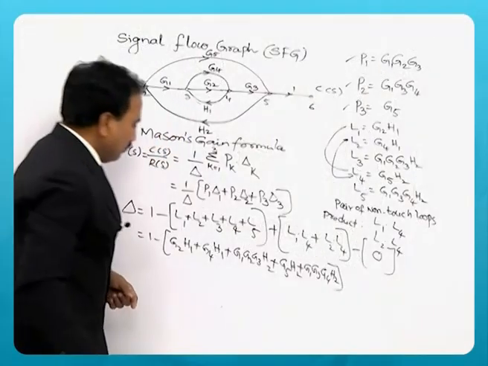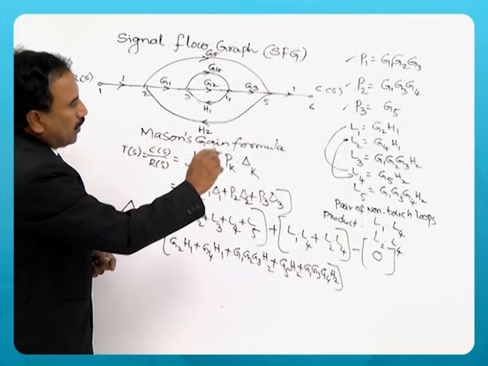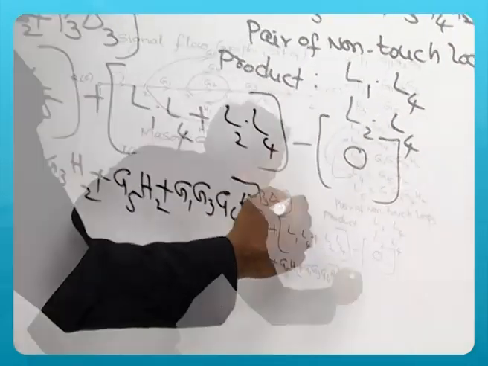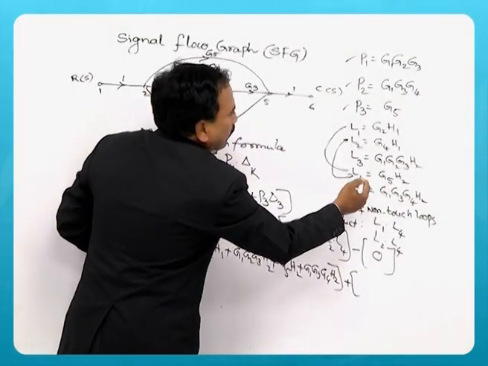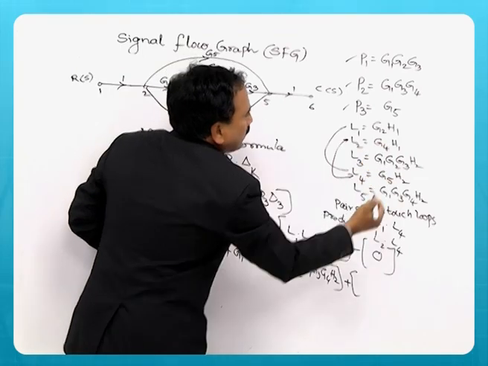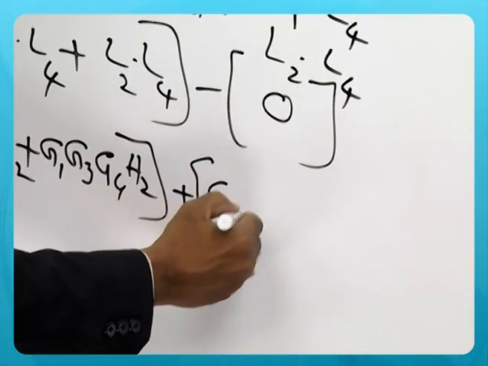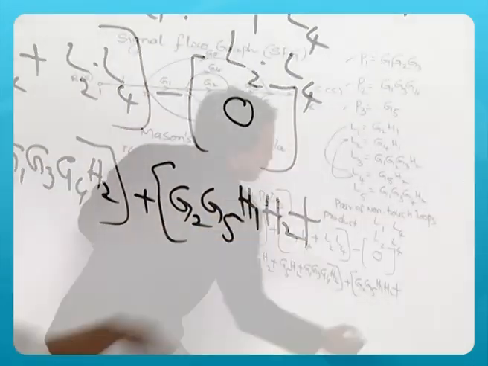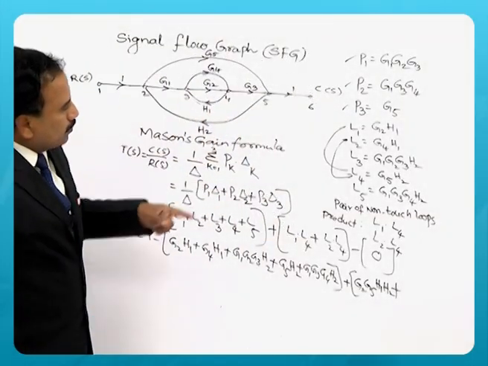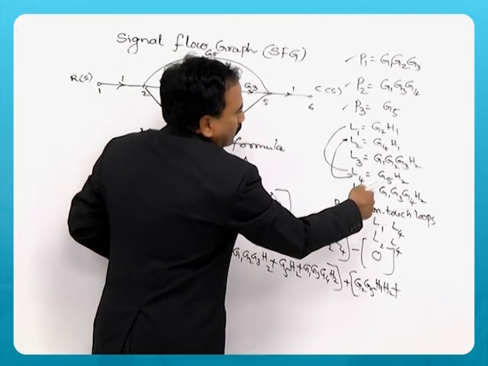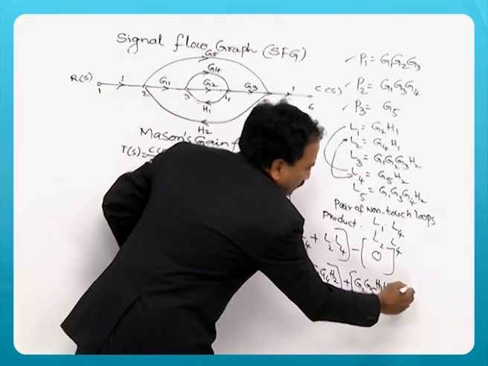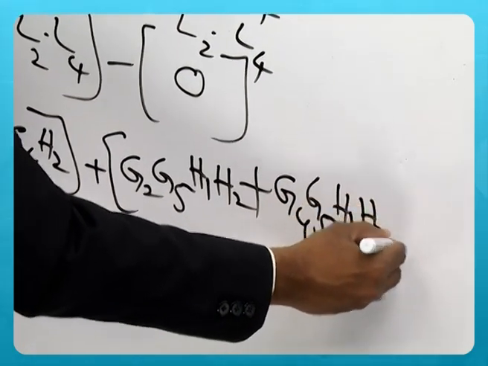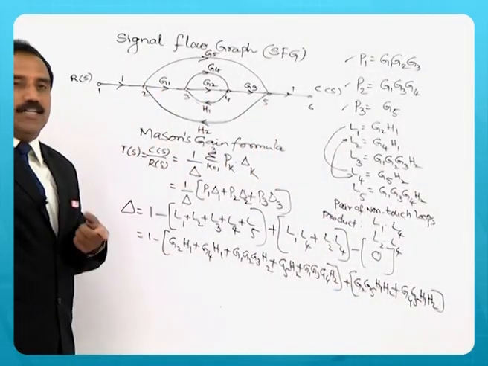This is the sum of individual loop gains. Then plus the products: L1 L4 means G2 H1 into G5 H2, so G2 G5 H1 H2, plus another pair product G4 G5 H1 H2. So this is the way you get delta.